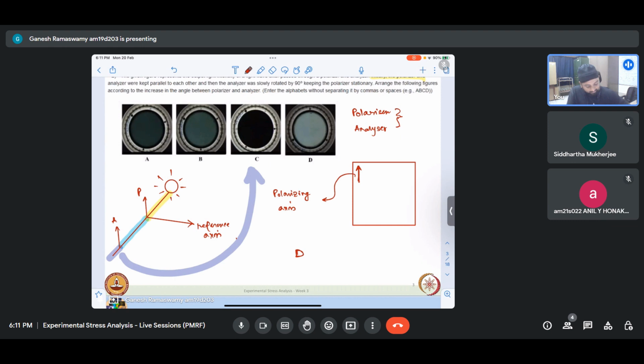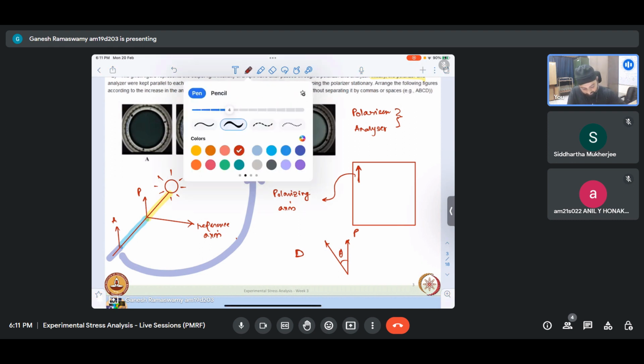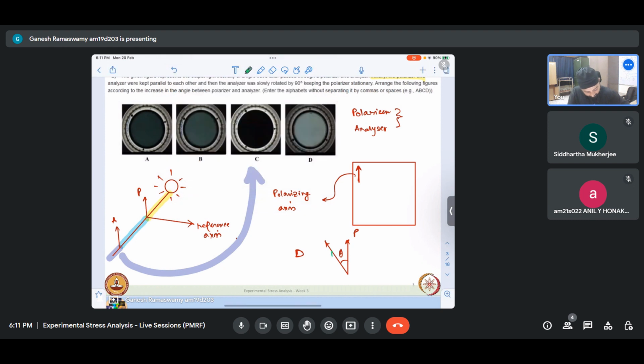Because if we take this to be the polarizing axis, and let us say the analyzer axis was at an angle theta, we can see what is the amount of light that will be passing through. So this will be the light that will be passing through, and this will be the light that will get cut out.